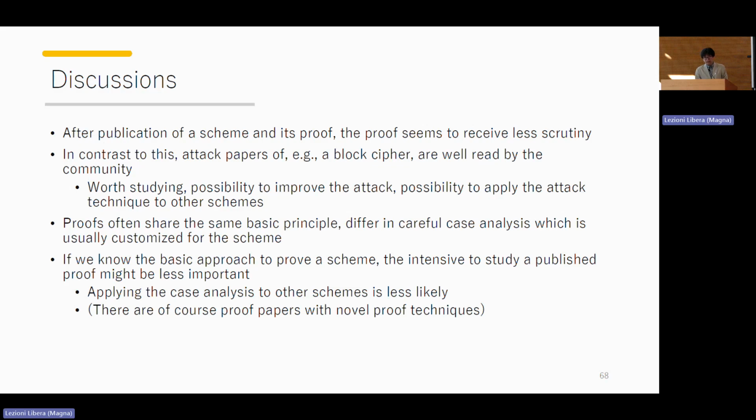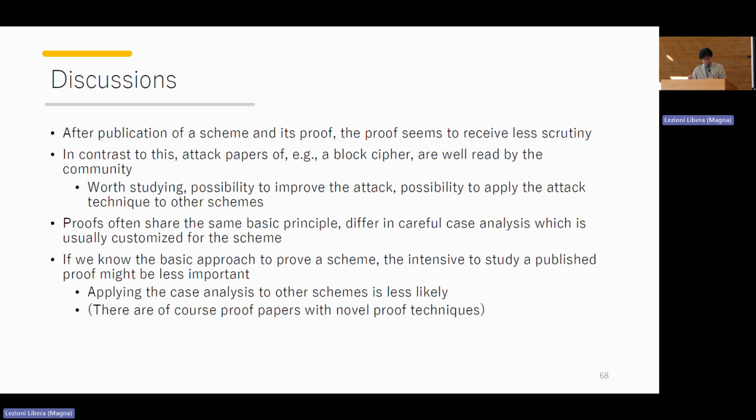After publication of a scheme and its proof, it seems to me that the proof receives less scrutiny. Attack papers are read well by the community because they are worth studying. There is a possibility to improve the attack, and there is a possibility to apply the attack to other targets. Proofs often share the same basic principle, like the coefficient H technique and the game-playing technique, and they differ in careful case analysis, which is usually customized for that scheme.